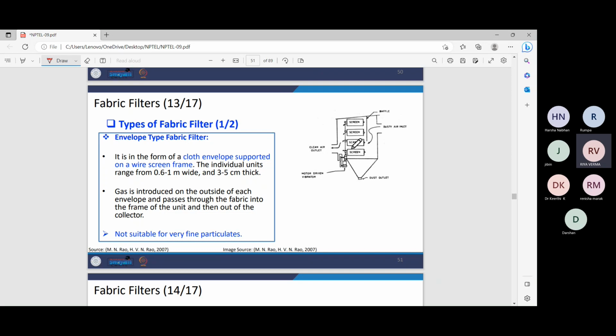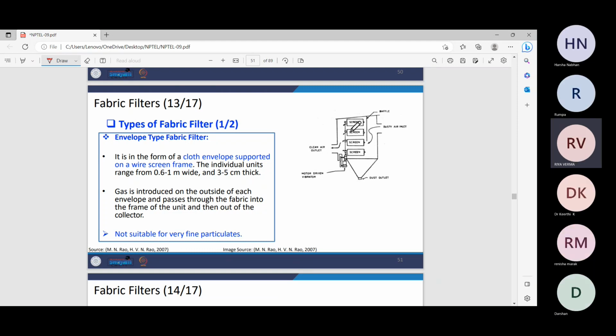So these are the screens, and these are the baffles. The dusty air enters from this inlet, passes through these chambers, and there are these screens. These are the fabric filters that are placed, and as the air passes through these screens and comes outwards, the particles get trapped in the screens.